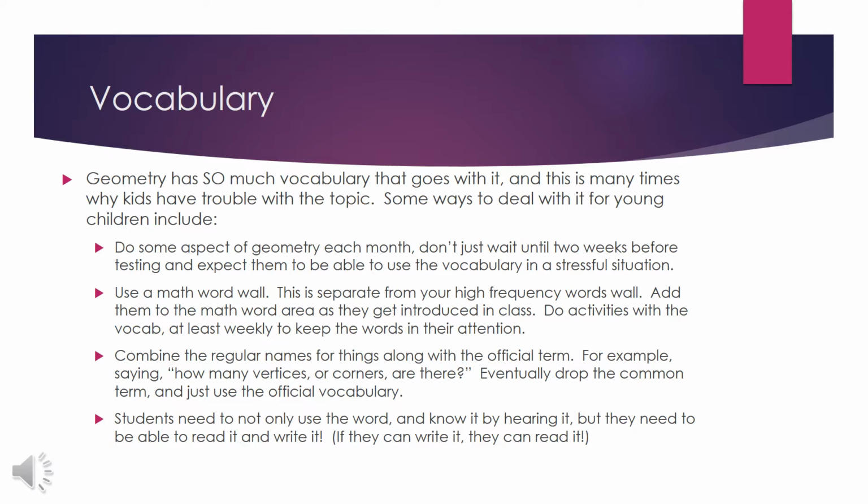And so combine the corners and vertices together, then say vertices or corners, and then after a while you're going to start dropping, how many vertices does it have? Who remembers what vertices are? Okay, yes, they're corners. Good job. All right, how many vertices does this have? So that you're combining the common vocabulary with the technical vocabulary. That's kind of scaffolding for them.